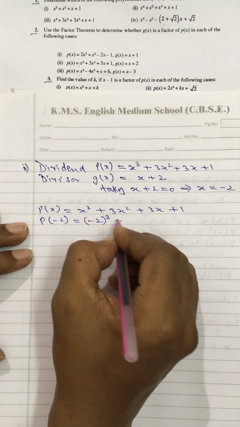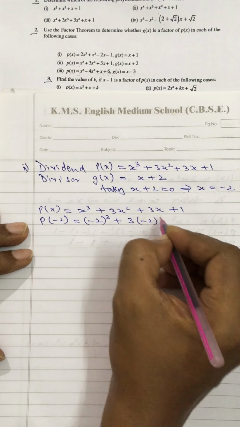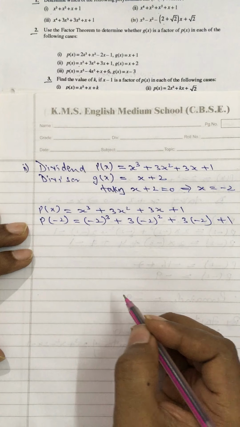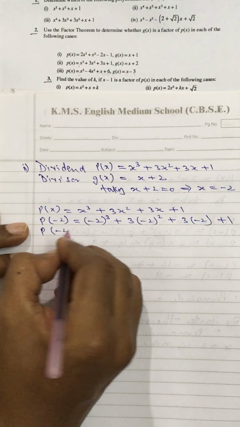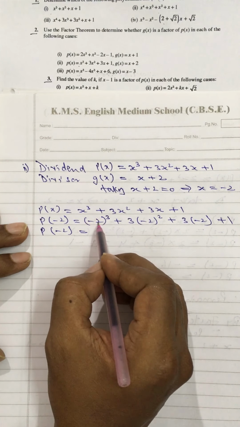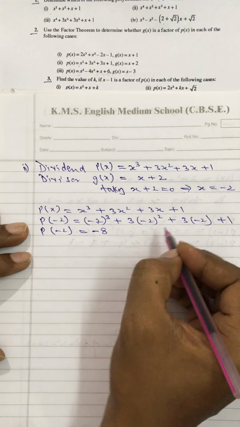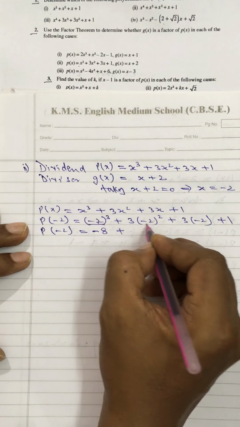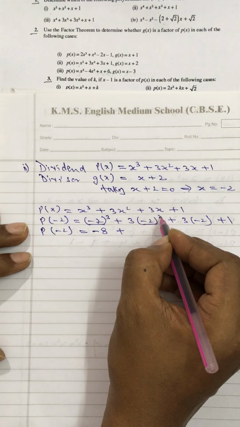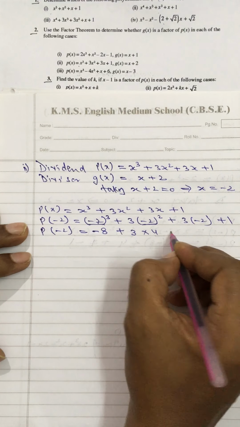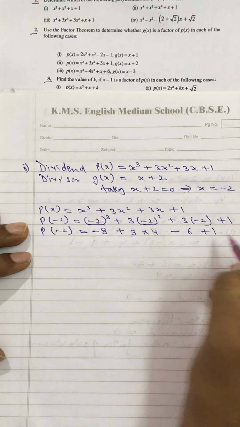minus 2 raised to the power of 3 plus 3 into minus 2 raised to the power of 2 plus 3 into minus 2 plus 1. Okay, so what I get over here is p of minus 2. Again here 2 to the 4 to the 8, power is an odd number, this will become minus 8. Here power is an even number, 2 to the 4, 3 into 4, plus minus minus 3 to the 6 plus 1.